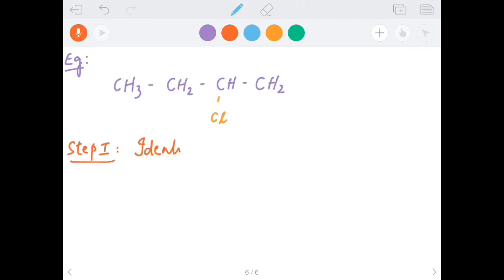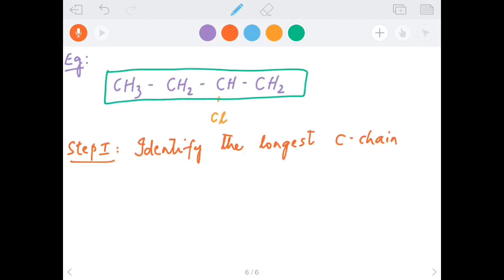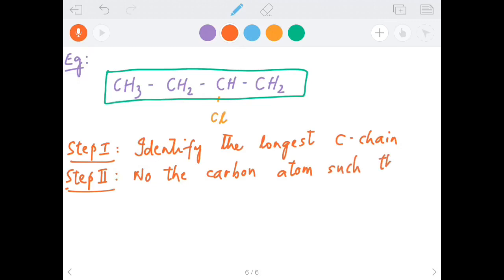Step 1 is to identify the longest carbon chain. If you notice, the purple chain happens to be the longest carbon chain, so I shall identify it by the green box. In my second step, I'm going to number this carbon chain such that chlorine gets the smallest number. If you see, chlorine is outside my chain, which happens to be the substituent.